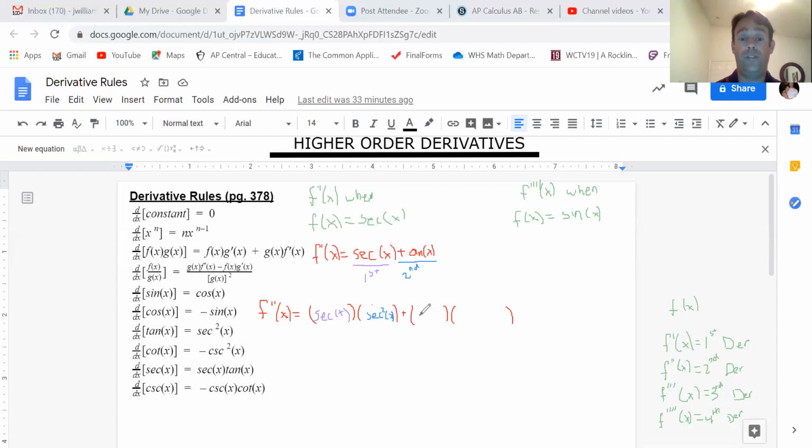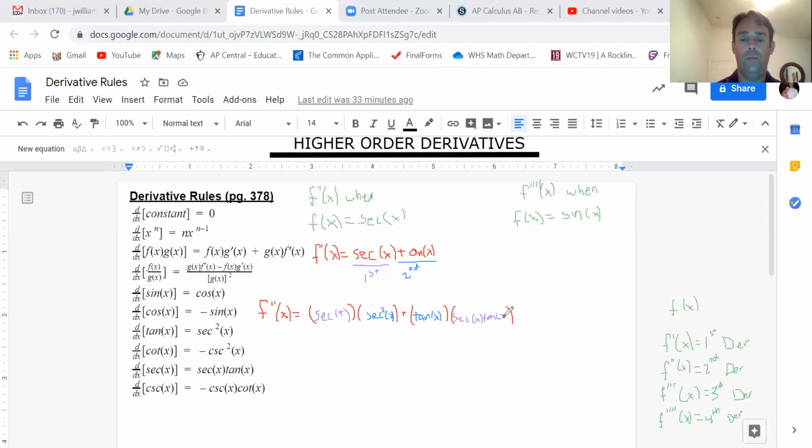And then I have my second function, tangent x. And then the derivative of my first function would be secant x tangent x. Not plus, that should be just times. Oopsies. All righty.